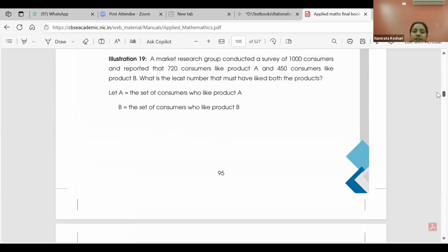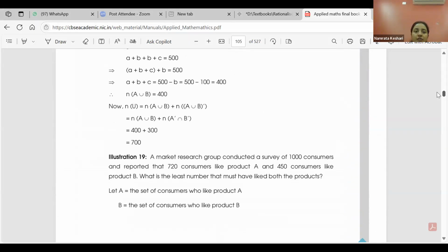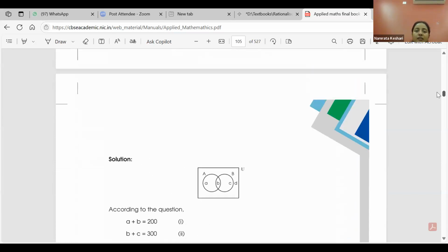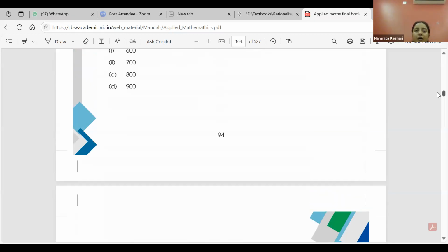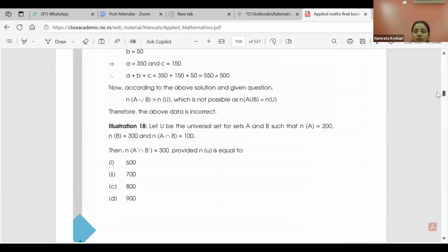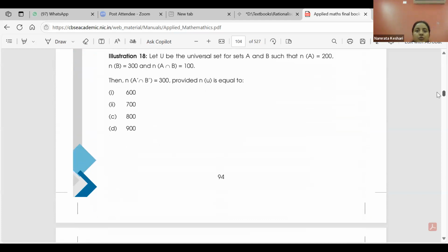Yes, Nabila, these things have been omitted from your syllabus, so this type of question will not come in your exam. But yeah, till the Venn diagram, and just the basic concepts. If you just see the question, it will make sense to you. The formula you don't need to know. All of a sudden you will encounter this type of thing in future, and we will say that it was in the set chapter but has been omitted.